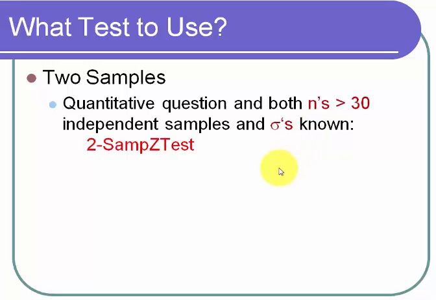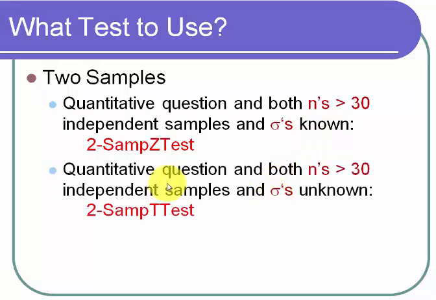If we don't know the population standard deviation, but we have two quantitative questions, and we know that both of the sample sizes are greater than 30, and the samples are independent, then we use the two-sample t-test, or the hypothesis test for the difference between two independent samples.